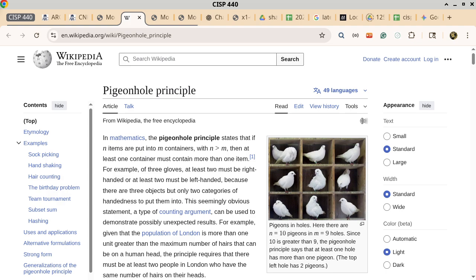We are guaranteed, if everybody has to sit, and I suppose this is not a very friendly situation, that at least one chair is going to have two students on it. Does that make sense?